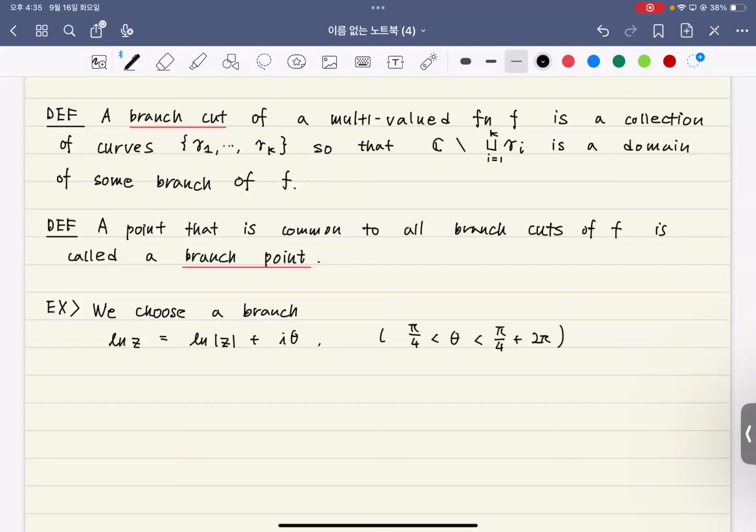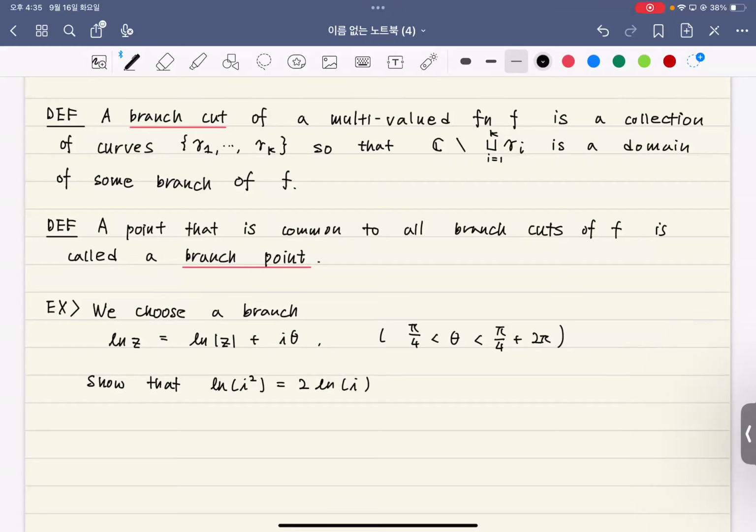In this case, my branch cut would start from 0 and extend in this direction. And you are supposed to show that for this branch, ln of i squared is 2 times ln of i. What do you think? Agreed or not?